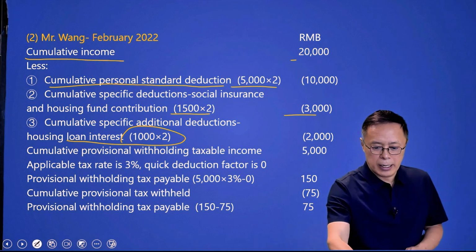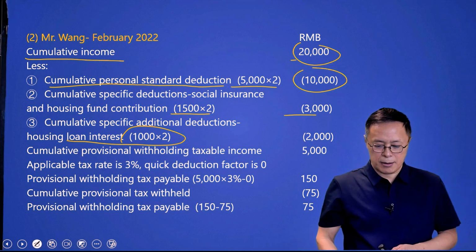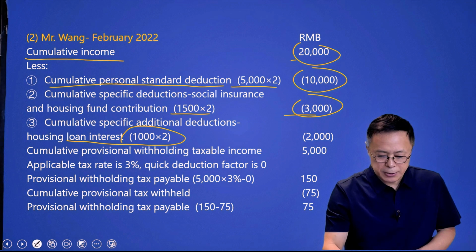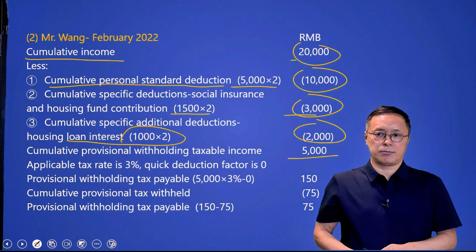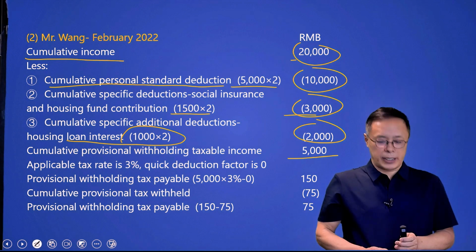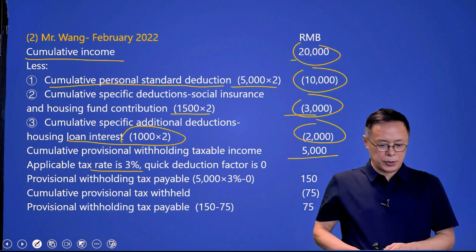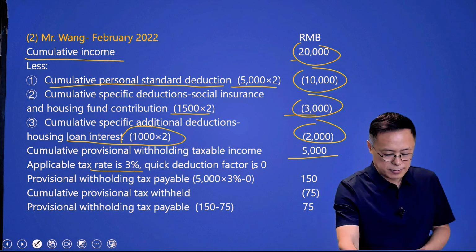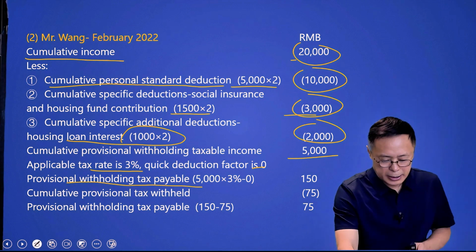So, cumulative provisional withholding taxable income equals 20,000 minus 10,000 minus 3,000, continued minus 2,000. The amount is 5,000. By referencing the tax rate table, we get the applicable tax rate of 3%. Quick deduction factor is 0.